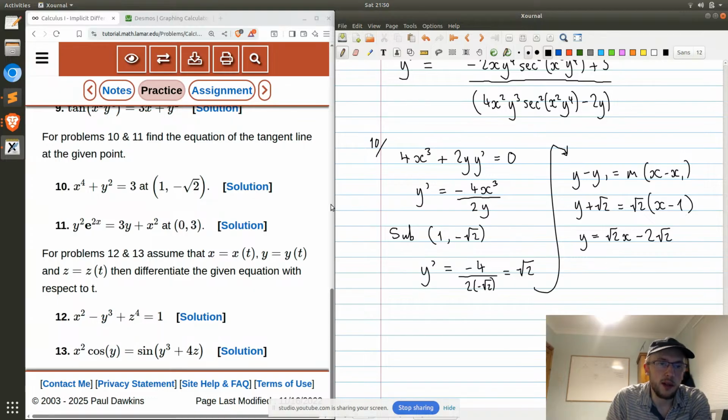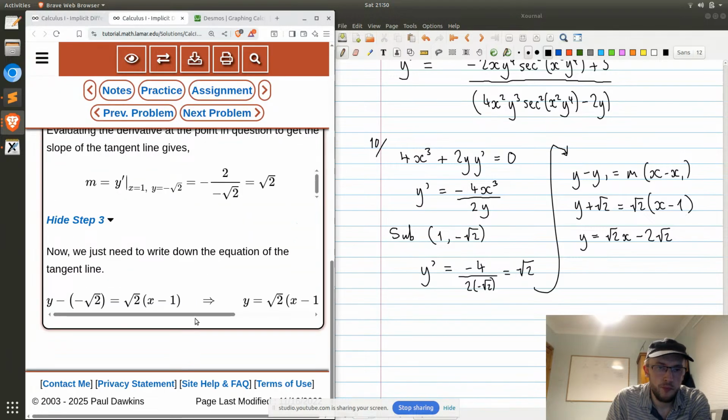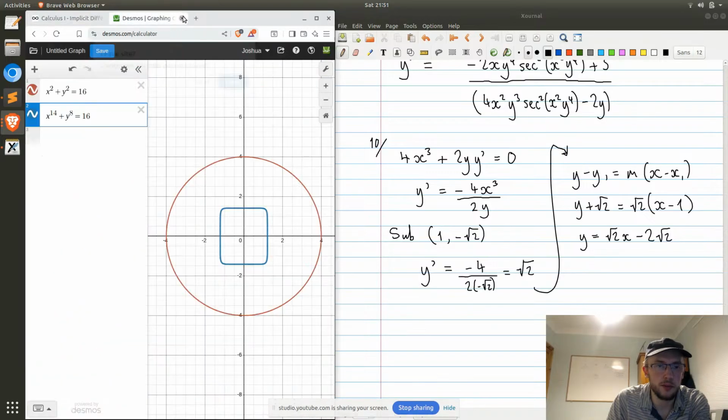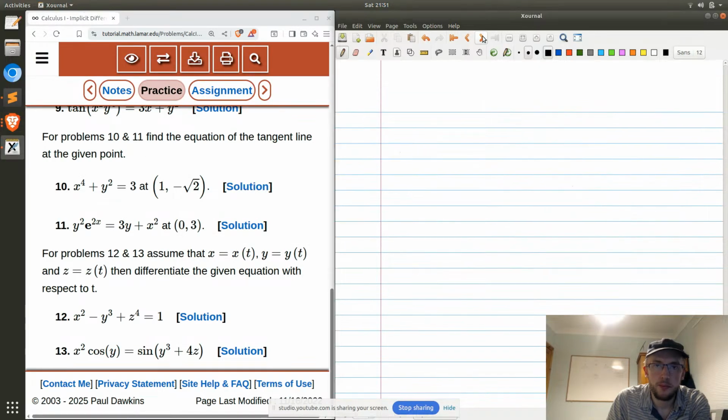So perhaps it's something like that. Okay, that's great. That's true. Problem 11 will be the same sort of thing, but harder, I suppose.